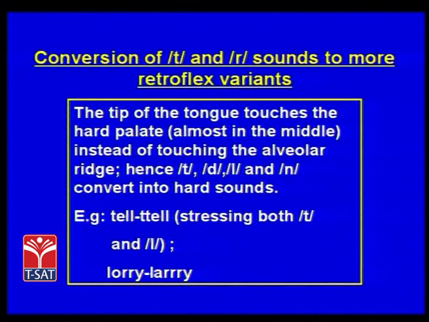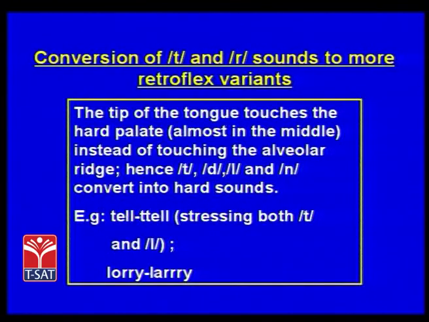What happens here is the tip of the tongue touches the hard palate, almost in the middle, instead of touching the teeth ridge. That is, your tongue made a longer journey, covered a longer distance, and went behind the alveolar ridge, whereas it should actually stay with the teeth ridge, just behind your upper front teeth.